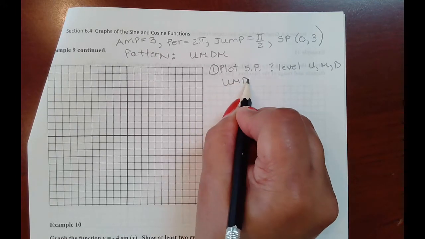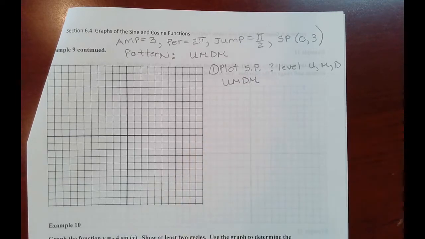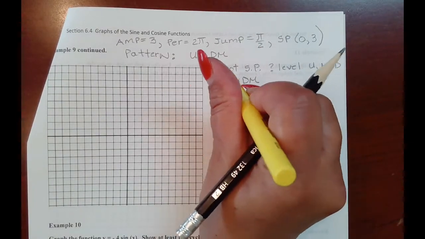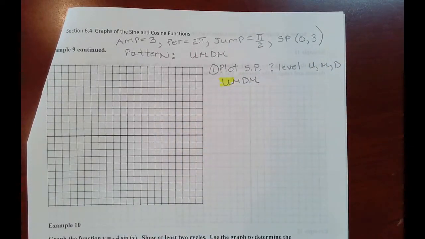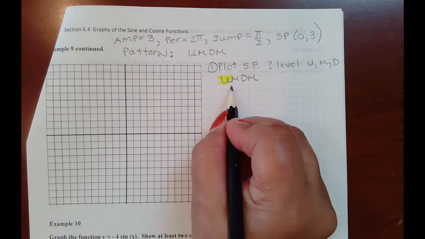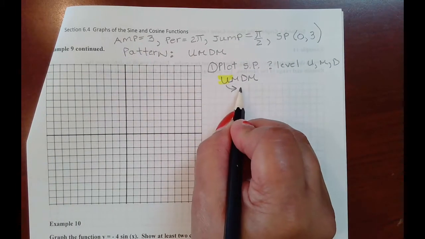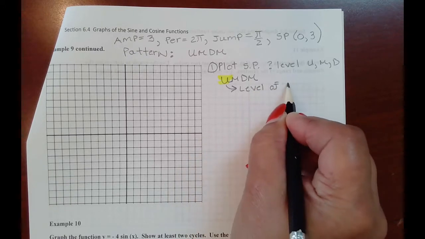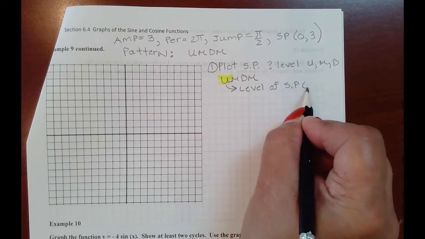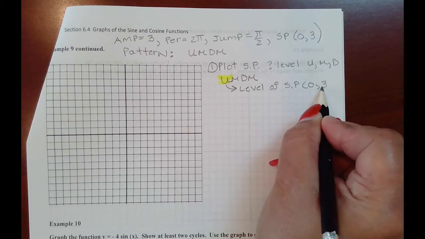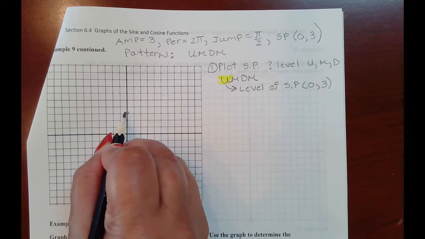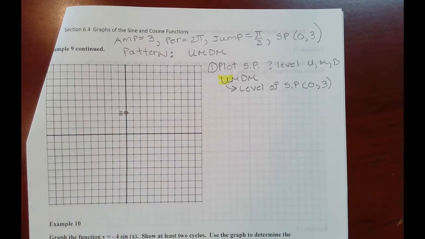Up, middle, down, middle. That very first letter tells you what level you're at with respect to the start point. So let's go and plot that point. This will be 3.